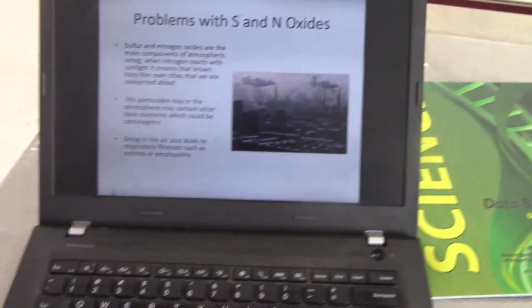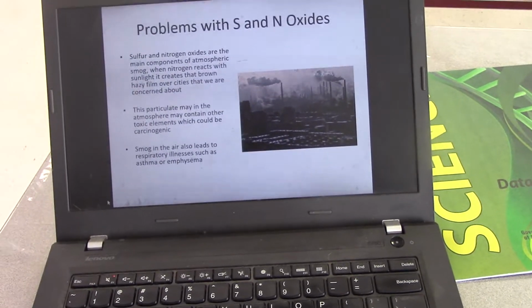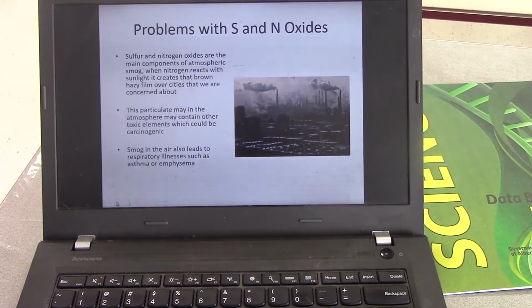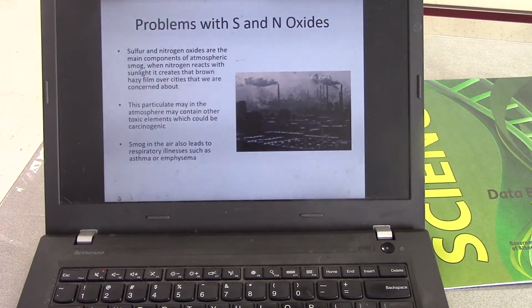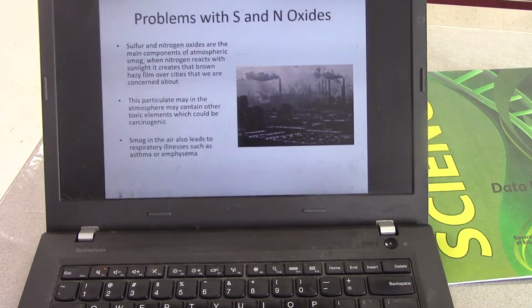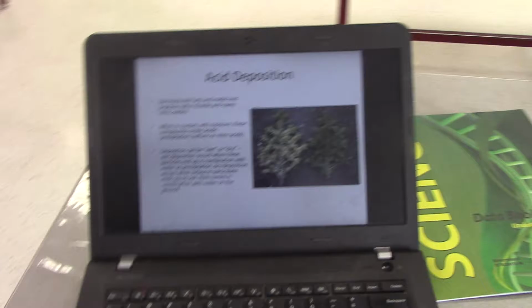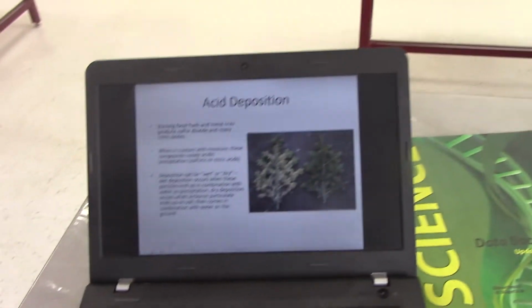You're going to draw a map of Alberta and look at predictions for where acid rain will be a problem, where it is a problem currently, and where it could be a problem in the future. This is the focus for today's lecture: acid deposition.